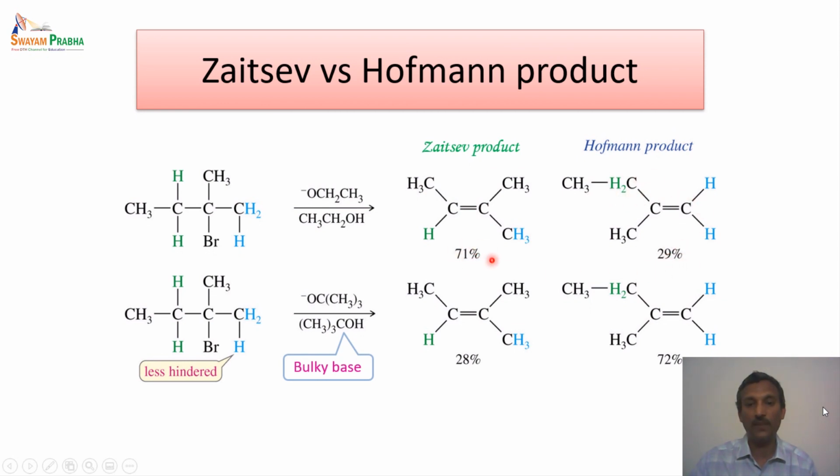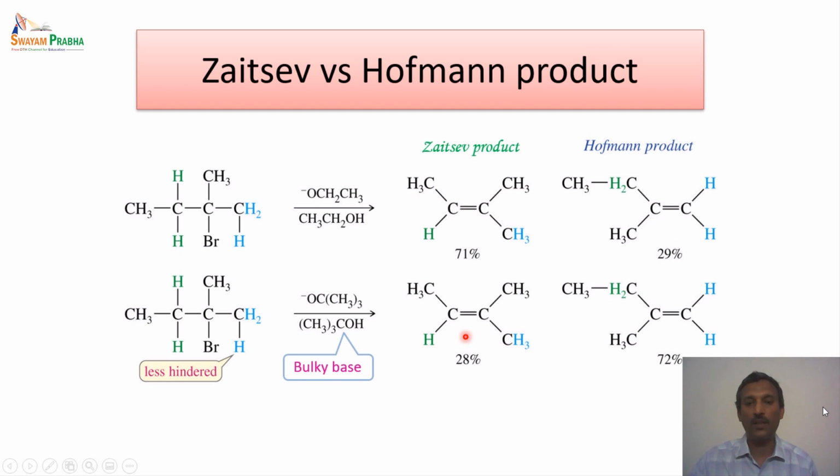This is what is called the Zaitsev product. When we use a bulky base, the less hindered site is where the proton is abstracted, so we end up with this isomer. The terminal alkene is formed in 72% compared to 28% of the internal isomer.